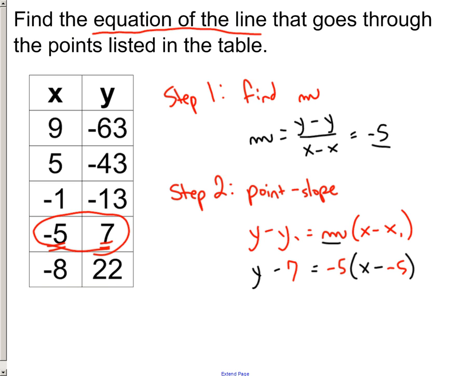Please remember what happens when we see a minus negative set up there is that it has to be rewritten, or at least it doesn't have to be, but it's best if you rewrite it as x plus 5. That's the idea of keep, change, change. Now, distribute with multiplication. So -5 times the x is -5x. -5 times +5 is -25.